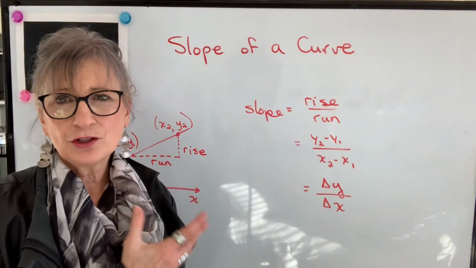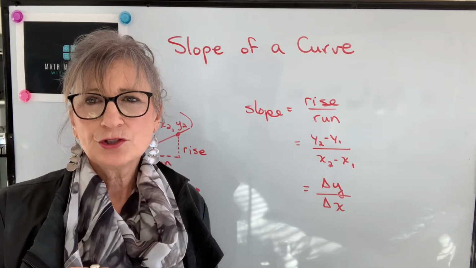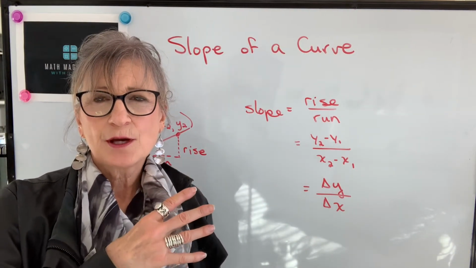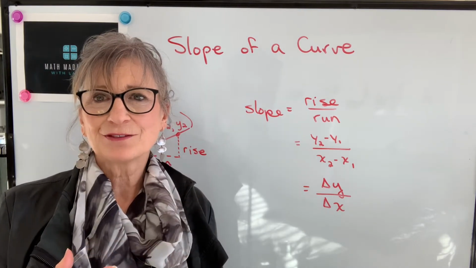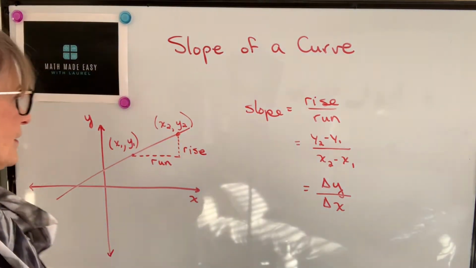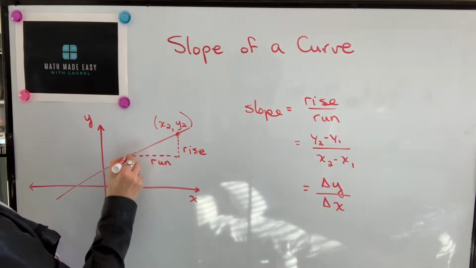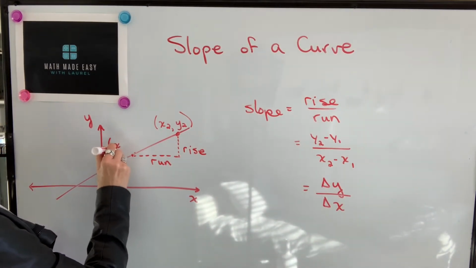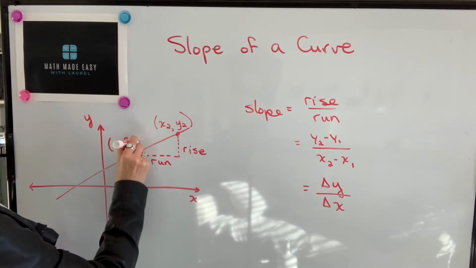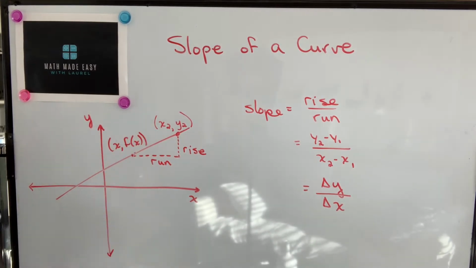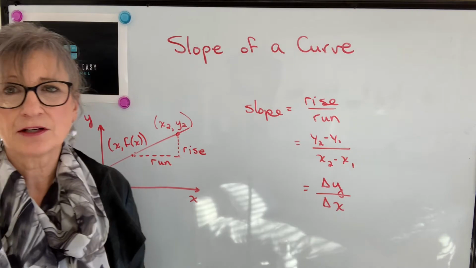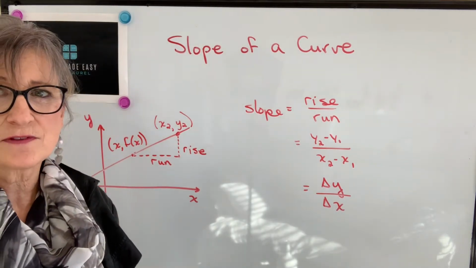So that's nothing new. What I want to do is talk about this, but I want to name my points a little bit differently. So instead of x1, y1, I'm going to call this point x and f of x. Now I've talked about function notation and functions in a previous video as well.